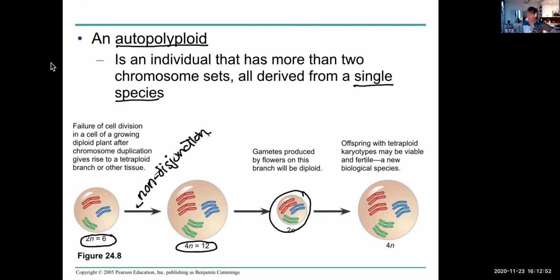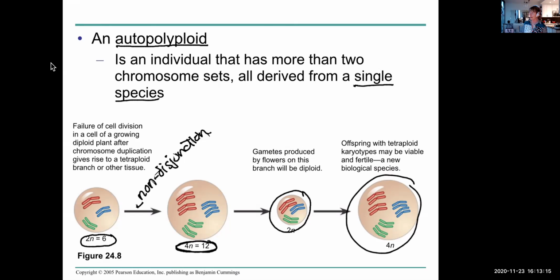Chromosome duplication occurred. This individual is a 4N, but the gametes are 2N, which is very interesting. So these are called tetraploids when there are 4 sets of homologous chromosomes.